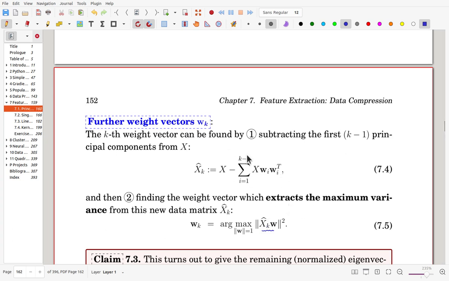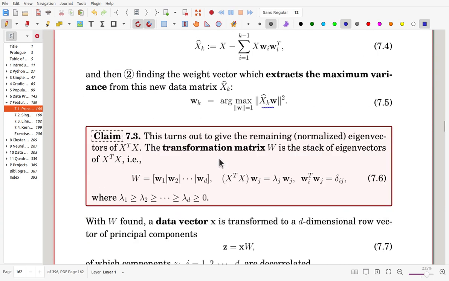Now, this mathematical problem turns out to give a very simple solution. It gives the remaining normalized eigenvectors of X transpose X, so that the transformation matrix W is the stack of eigenvectors of X transpose X.